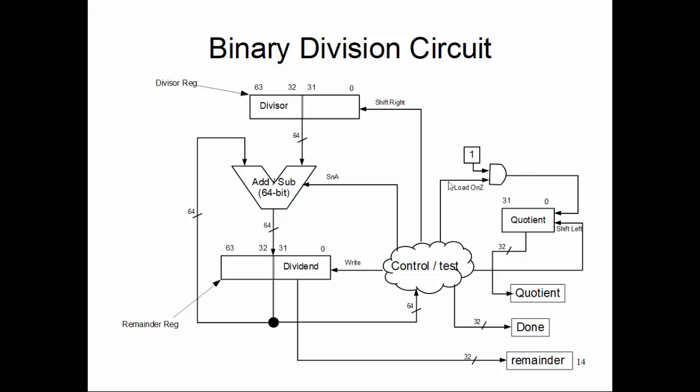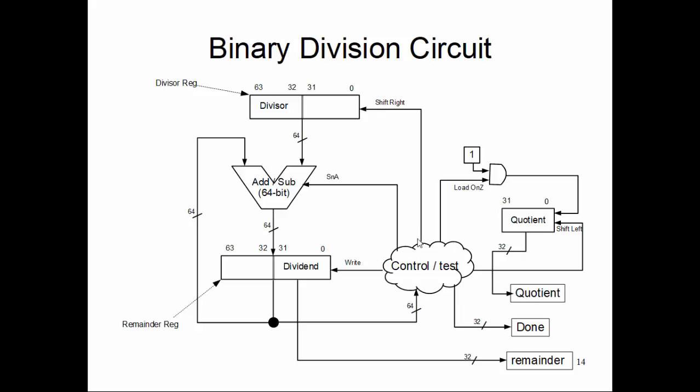And then this little part is just because I want to make it a digital circuit to make sure you understand the whole process. This little circuit determines whether I am inserting a 1 into the LSB position of the quotient register, or inserting a 0.